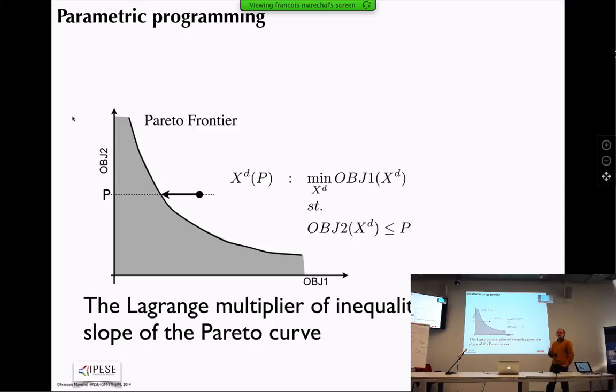That means that if you have an indirect search method to solve this problem, you will obtain the Lagrange multiplier of the objective 2, which will indicate the direction of the next search in the parametric optimization.